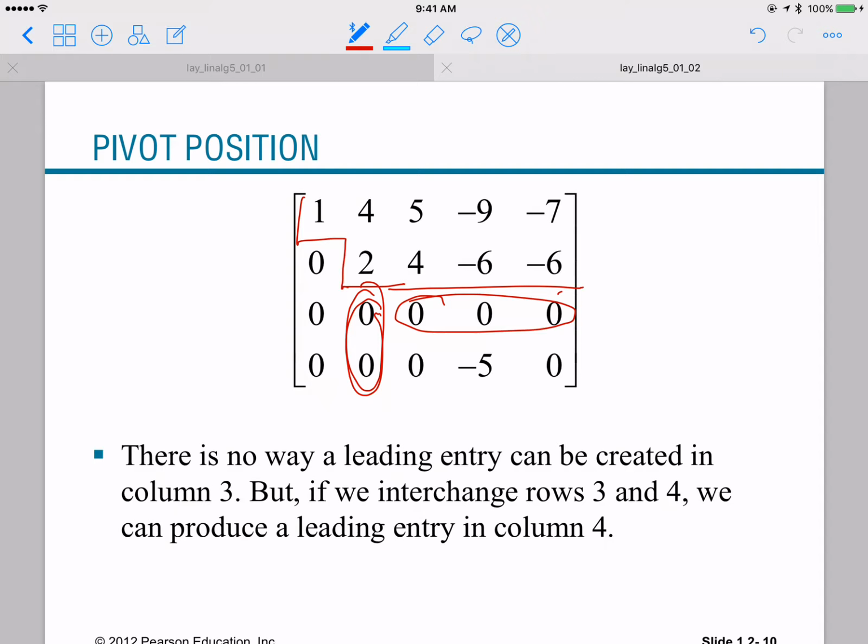So we reach the end, but we see non-zero in the row below, so we have to go to the left, right? That also violates our condition. So we can simply switch between the third and the fourth row.